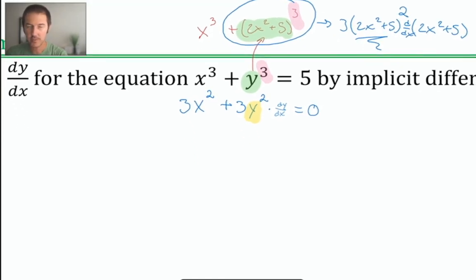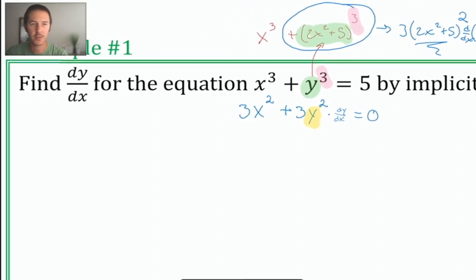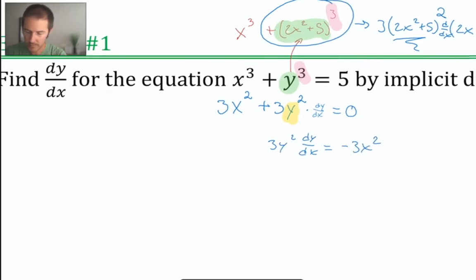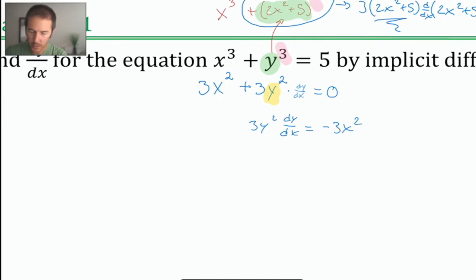What's the easy part? The easy part is now I need to take this equation and make it read dy over dx, because the instructions said find dy over dx, so I want to be able to say dy over dx is, in other words, dy over dx equals. So let's subtract 3x squared from both sides. And then I will divide both sides by 3y squared.